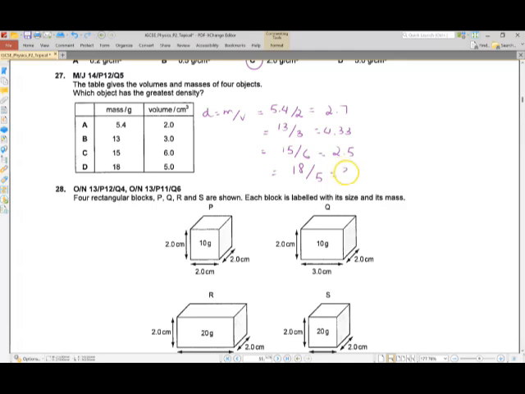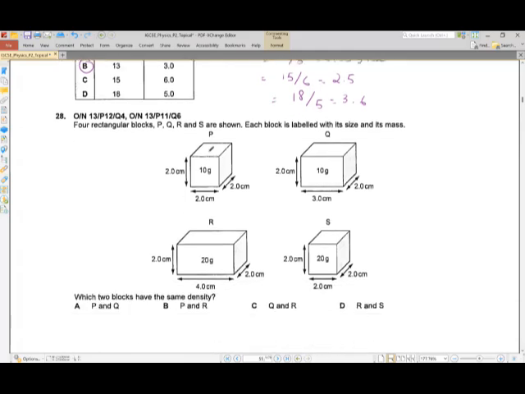So this is going to give us 3.6. So the question asks which has the greatest density. So we can see that B has a density of 4.3 grams per centimeter cube. So this is the greatest density that we have. Okay? Done with question number 27.